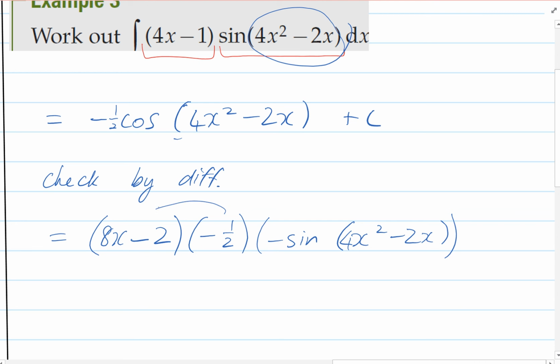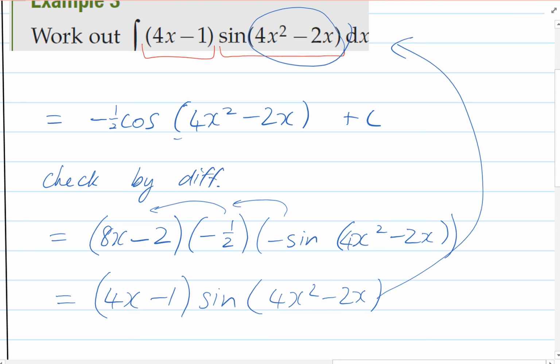So a half times all of this stuff, negative a half times all of this stuff, and another negative, they cancel out. So negative a half of all that gives us 4x minus 1 times sine of x squared minus 2x, which is what we had at the beginning. And so our checking process has shown that our answer up here is correct.